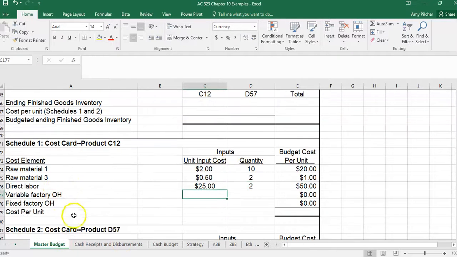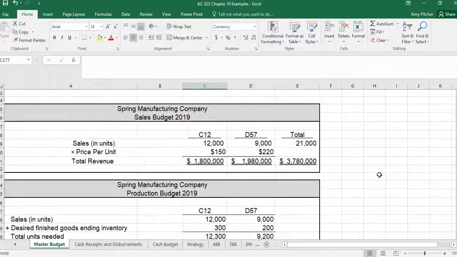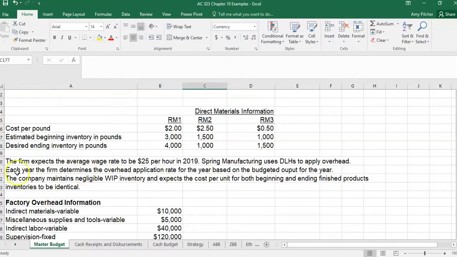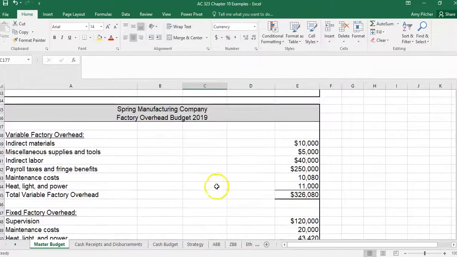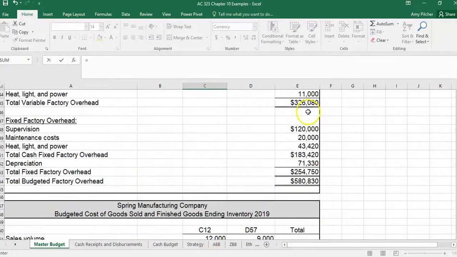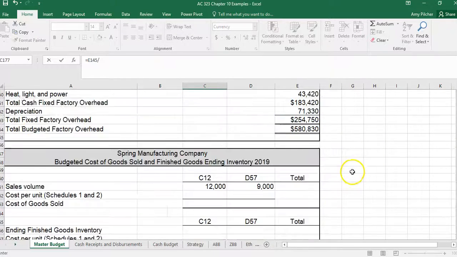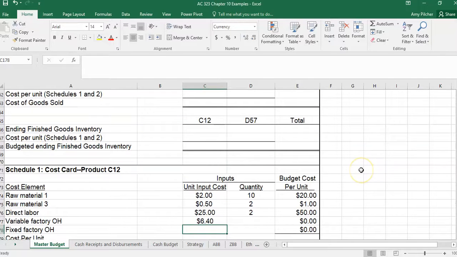And now we need to calculate the variable factory overhead and the fixed factory overhead. So we go back up to this amount of information, and it says that overhead is allocated by direct labor hours. So we take our variable overhead amount here. So we're going to look at our schedule. We're going to divide our variable overhead amount by the number of total direct labor hours to get our variable overhead rate.